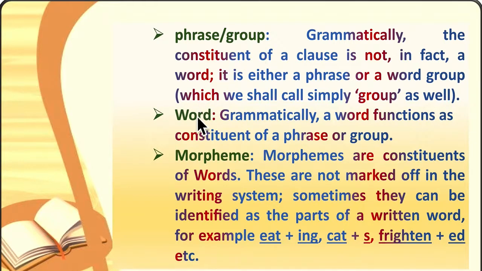Within phrase group we have word, and within word we find morpheme. Okay, this we call rank of a scale. How a text can be divided into a larger segment, then going down, breaking down into the smallest one. This is called constituency. Okay, move on to the next.